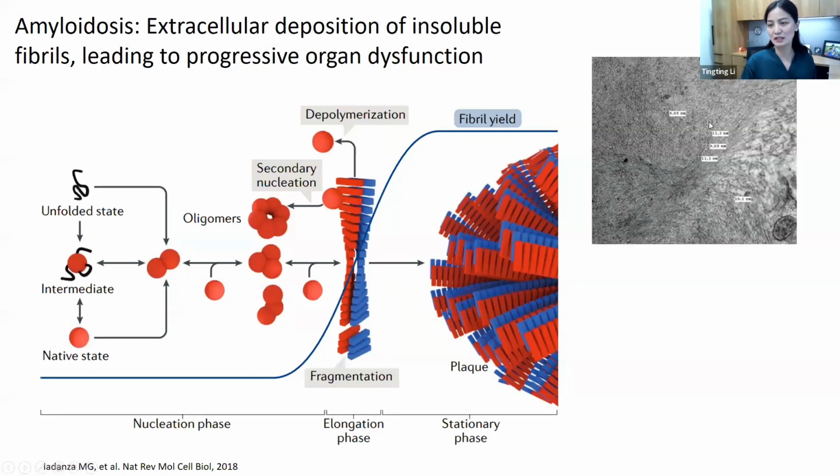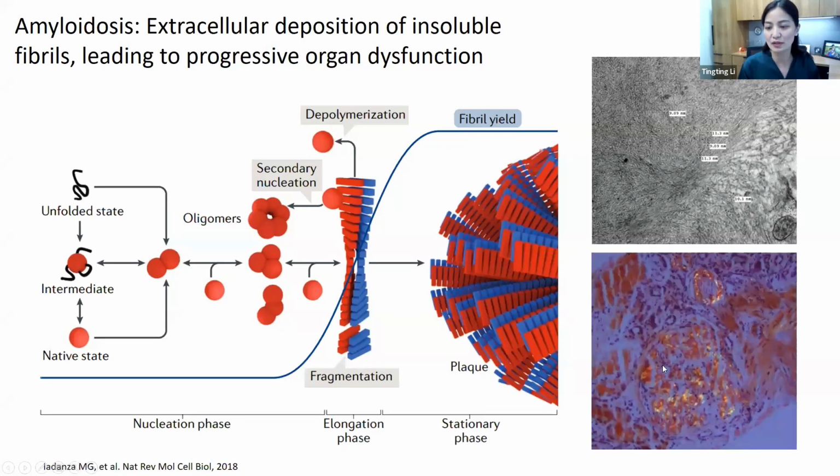Now, on light microscopy, these fibrils look like this: randomly arranged, straight, non-branching little filaments that are about 7 to 12 nanometers in diameter. These beta-pleated sheets bind Congo red dye very easily, which can then give you this very characteristic apple green birefringence under polarized microscopy.